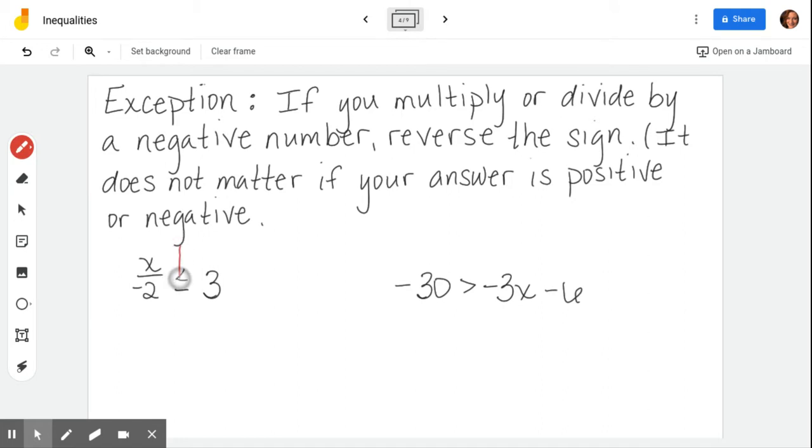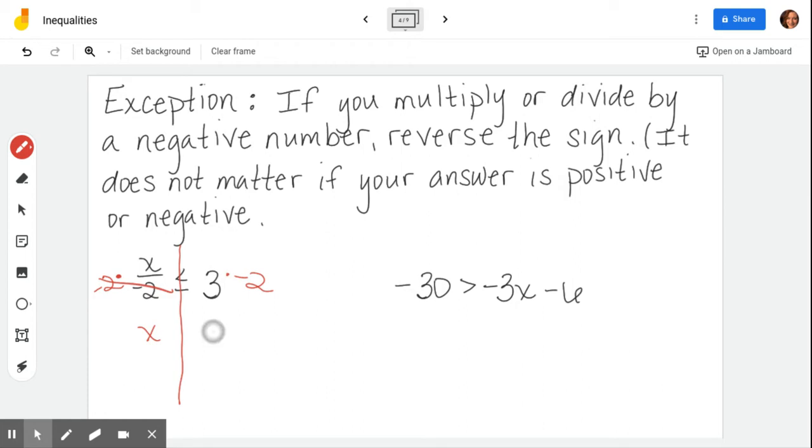So when I focus all my attention there on my variable, I've got x divided by -2. To cancel out the divide, I'm going to multiply. I'm multiplying by a -2. Negatives just kind of mess things up, don't they? They make everything go a little bit funky. So I still have an x.